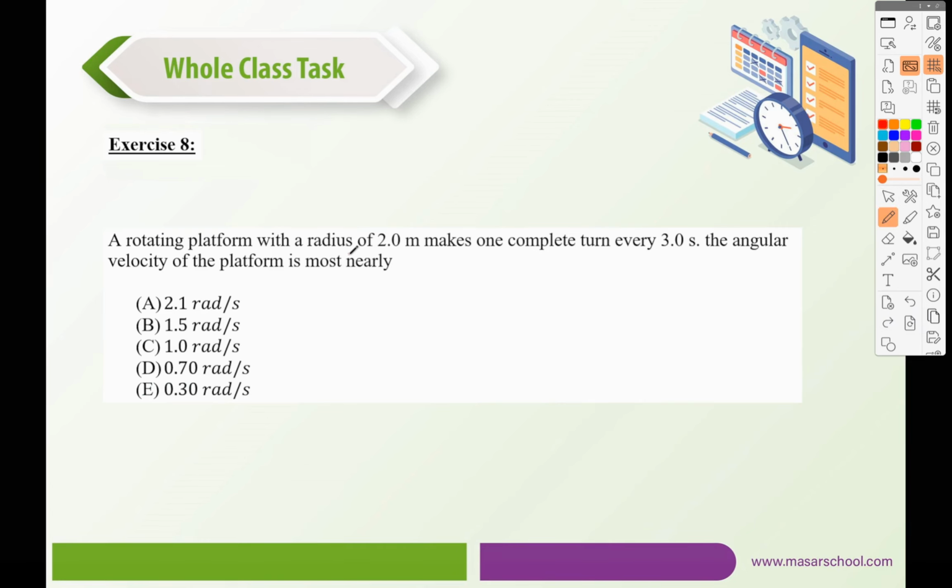A rotating platform with a radius of 2 meters makes one complete turn every 3 seconds. The angular velocity has a unit of radians per second. Now, one complete revolution, one complete turn every 3 seconds. One complete turn means 2 pi.